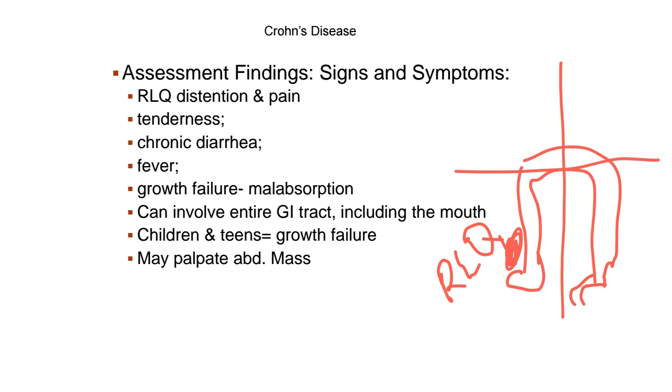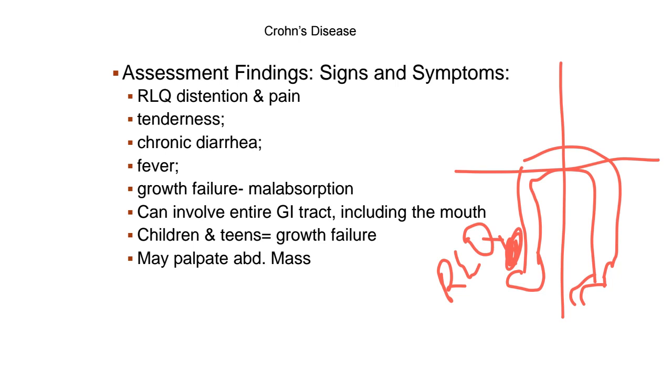Right lower quadrant pain, abdominal distension, tenderness, chronic diarrhea, fever from the inflammation. They may have growth failure from malabsorption. It's hard to absorb things in your GI tract when it's inflamed. So with that also comes some electrolyte imbalances like low potassium also.